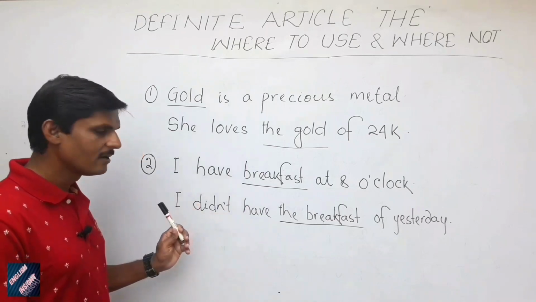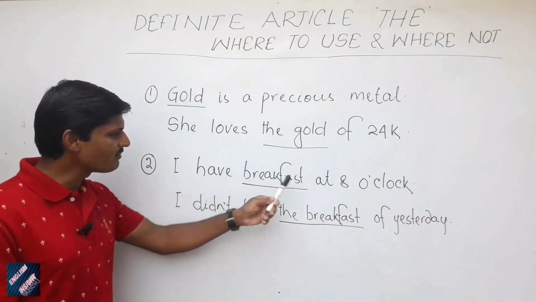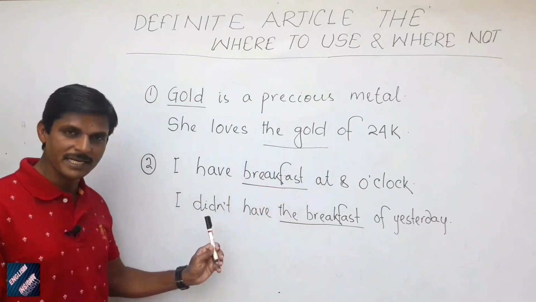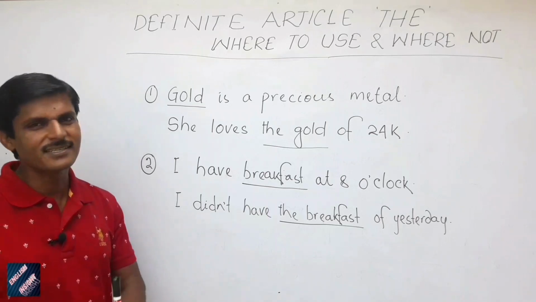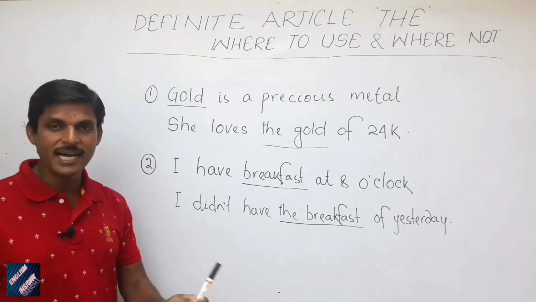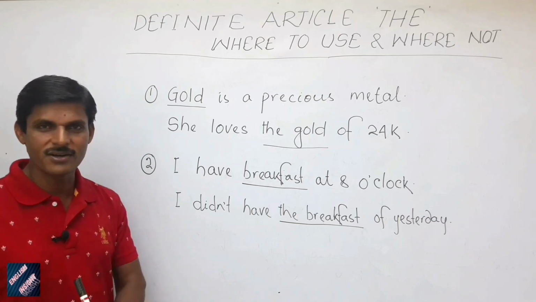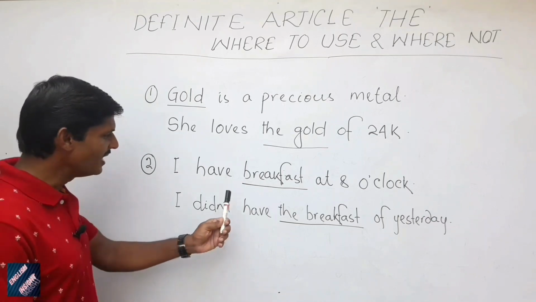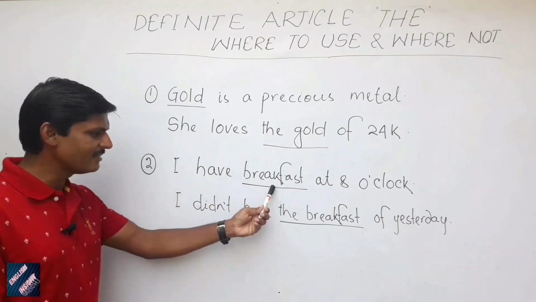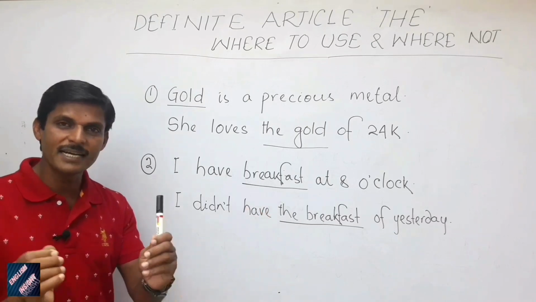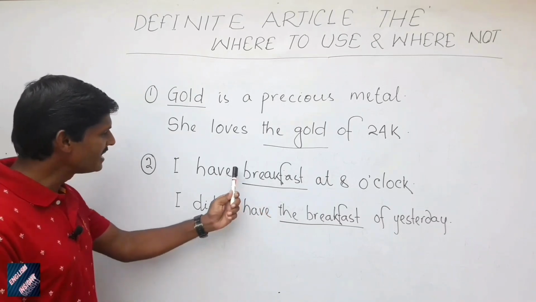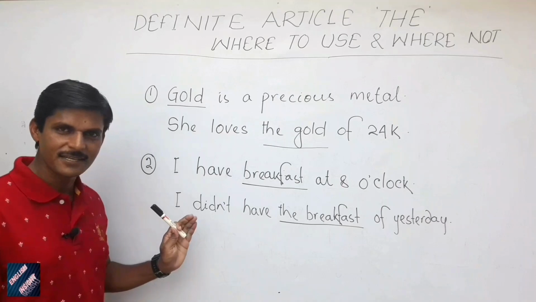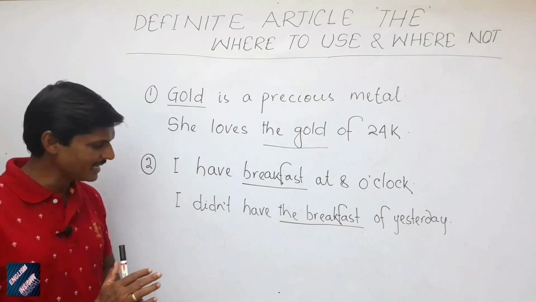It's written in sentence number 1, I have breakfast at 8 o'clock. It means, generally, I have breakfast at 8 o'clock, not particularly. So, as it is used in the general sense, the is not used in the first sentence. But what about the second sentence?